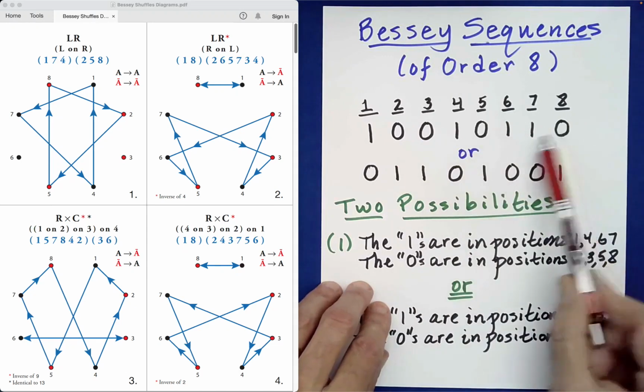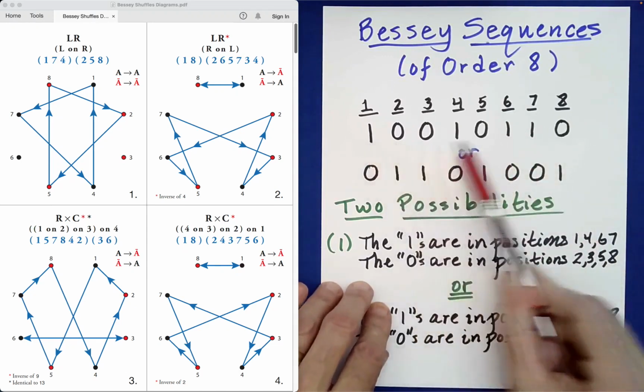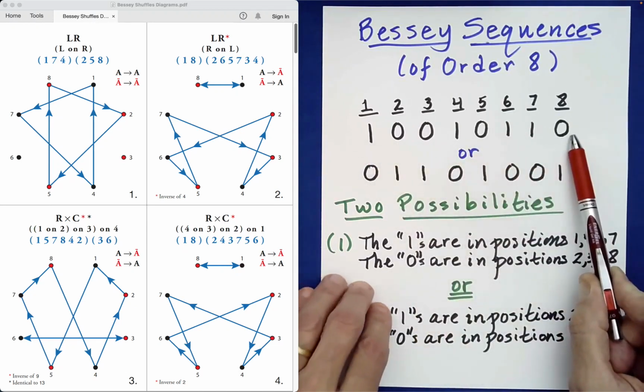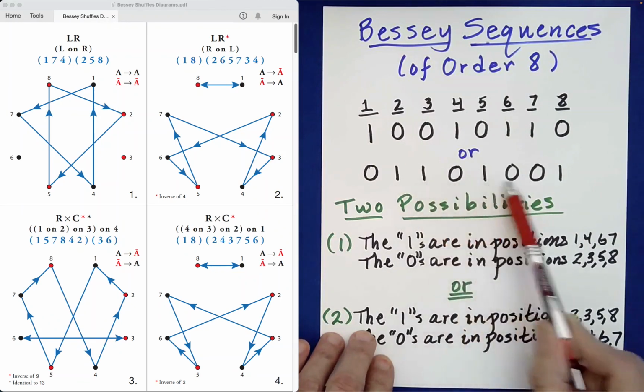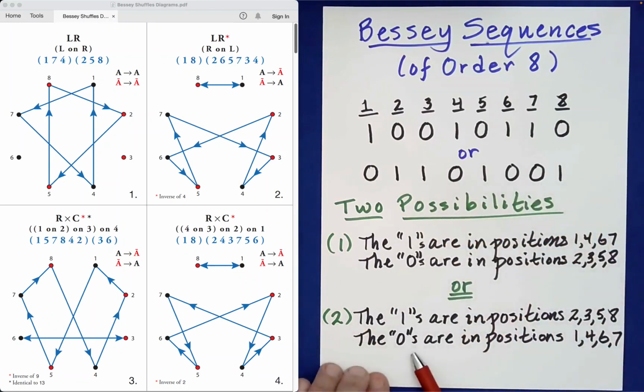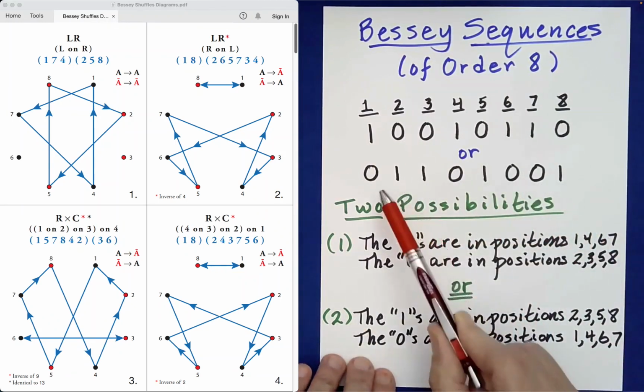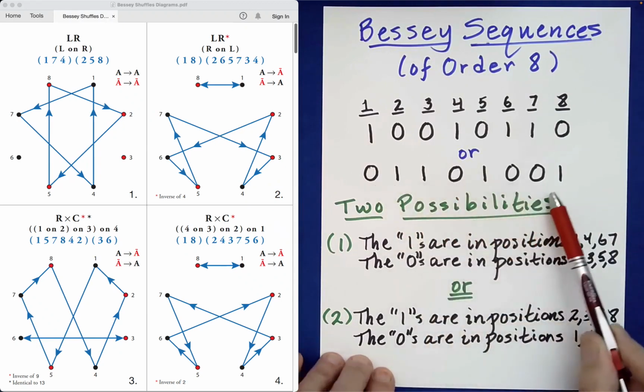5, 8. Or if we consider the inversion of this sequence, we get the following. The 1s are now in positions 2, 3, 5, 8, and the 0s are in positions 1, 4, 6, 7.